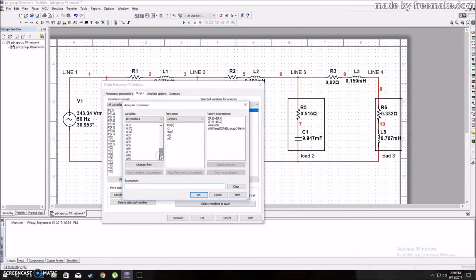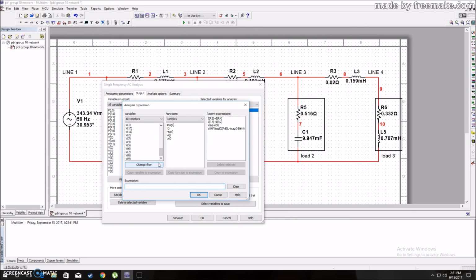We can use the same method as the apparent power at load 3. S equals to IV. So voltage at transmission line 3 to 4 is equal to voltage at net 6 minus voltage at net 9.